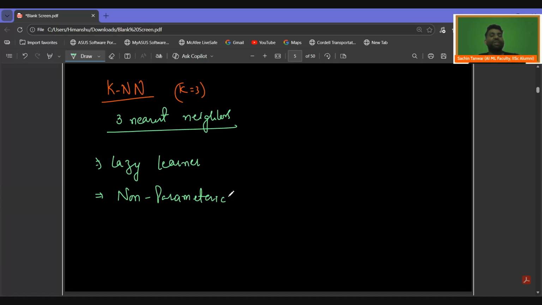So in testing or inferencing time, what happens? When we are testing, I'll get a query data point or maybe a bunch of query data points. I would like to calculate the distance from all the existing data points. The next thing would be to find the closest ones and then look at their target variable.